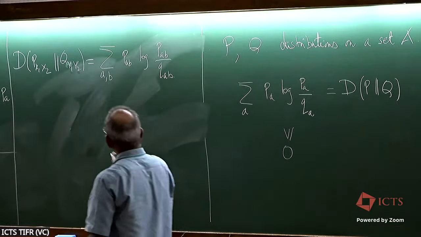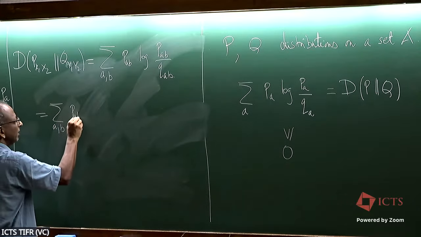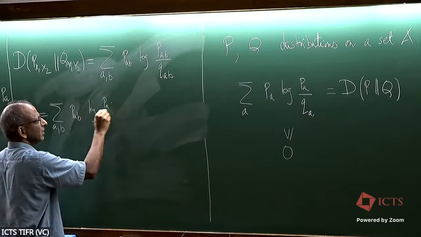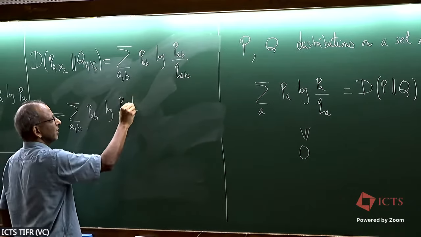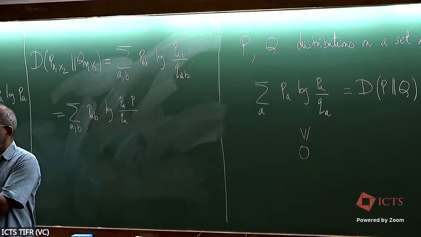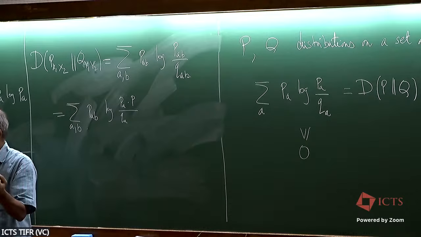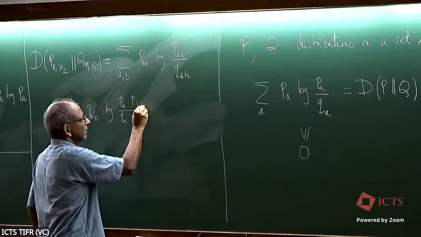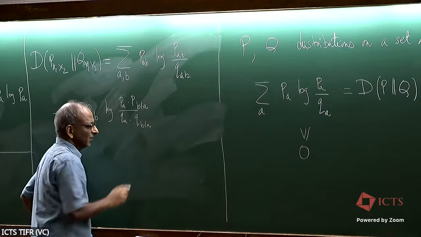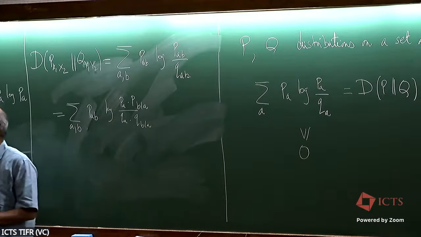All right. So let us expand: summation over AB, PAB log of... PAB, the probability that the outcome is AB, is the same thing as the probability that the first outcome is A, and the probability that the second is B given A. And you know, log is very friendly to multiplication.